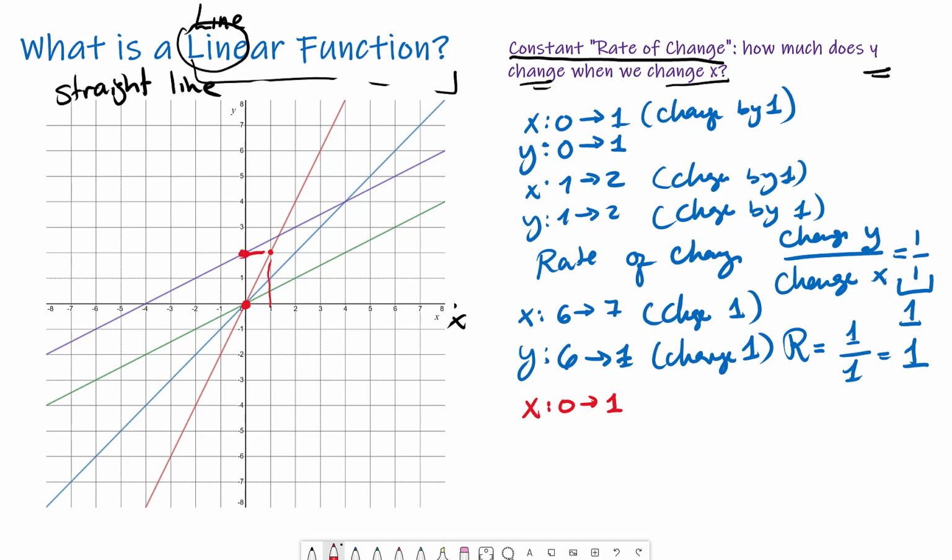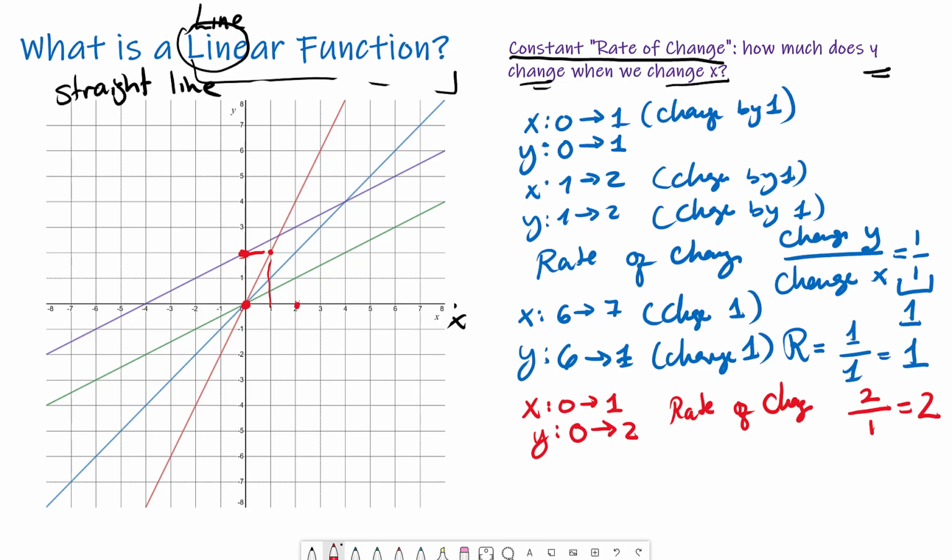It went all the way to 2. So y went from 0 to 2. So what is our rate of change here? It's the change in y, which is 2, divided by the change in x, which is 1, so that equals 2.